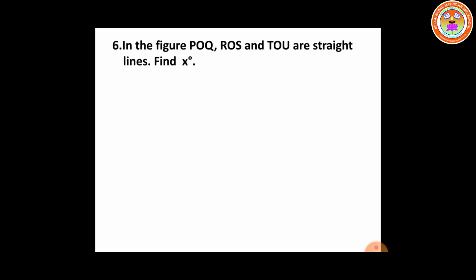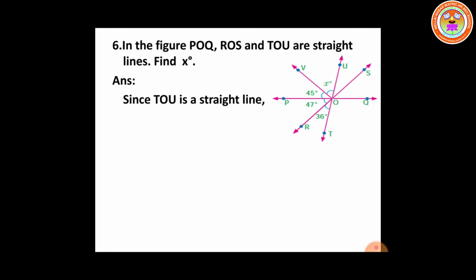Sixth one, in the figure BOQ, ROS and TOU are straight lines, find x degree. The sum of all the angles formed at a point on a straight line is 180 degrees.